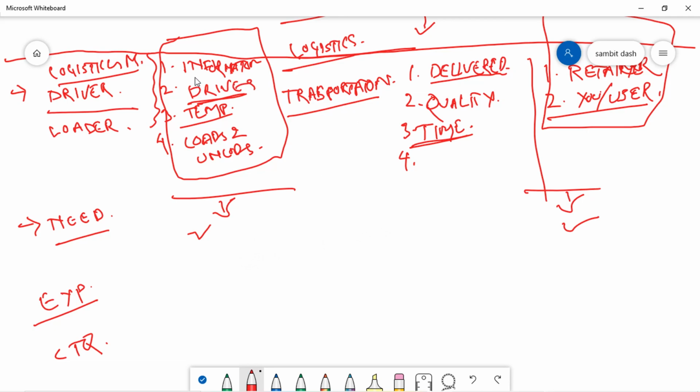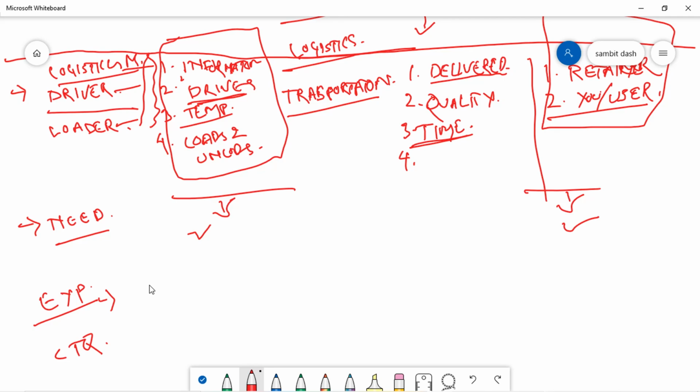So first you have to write down what the logistics manager's requirement is, then what the driver's requirement is, what the loader's requirement is. You ask them personally, they will tell you what their need is, what they expect. For example, the driver will tell you, I need a better truck with something which can be controlled automatically.